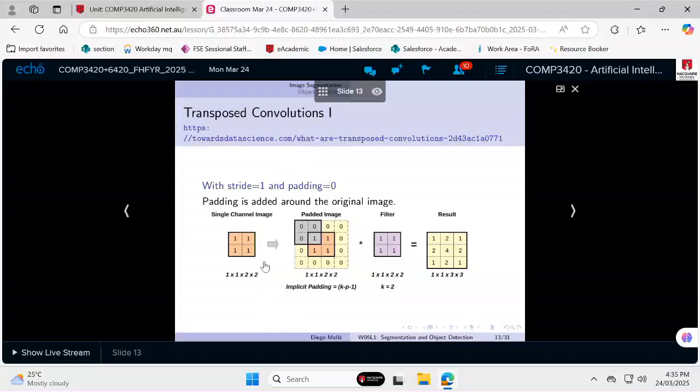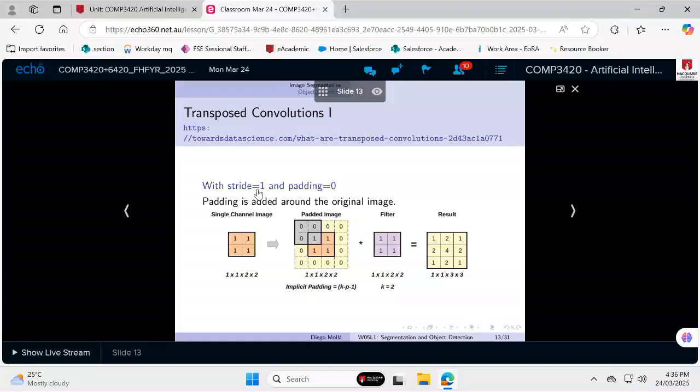So one example here, stride 1 and padding 0, then you have the original image here. And I suppose the kernel is size 2 times 2. So you have p bar, which is k minus p minus 1, and then z was, I think, s minus 1.